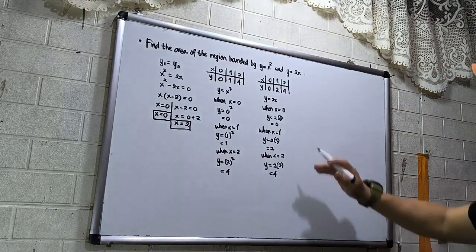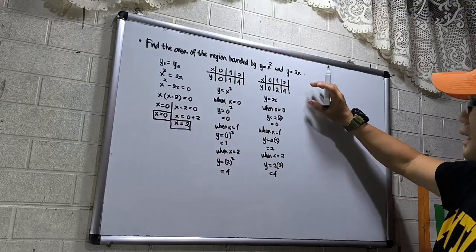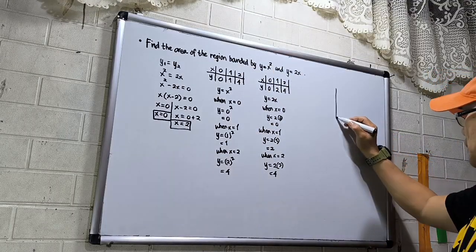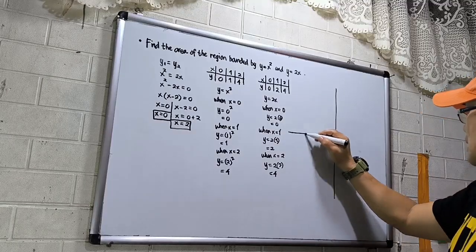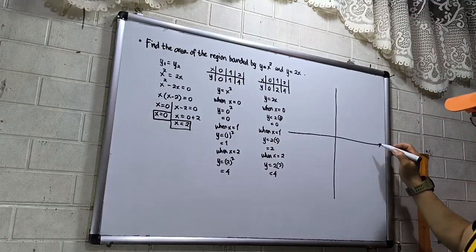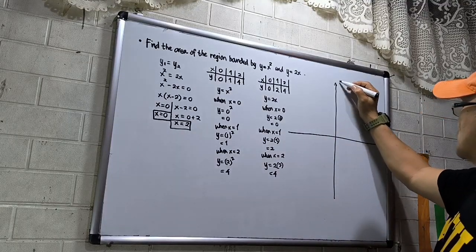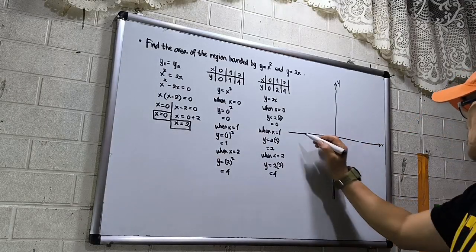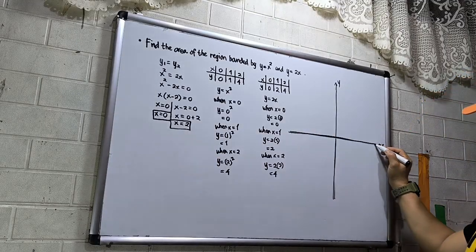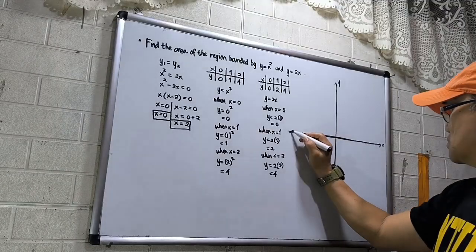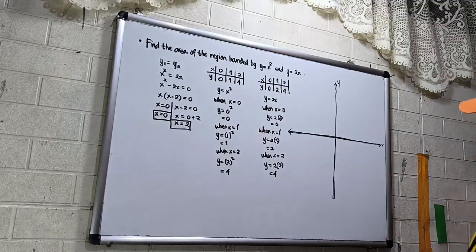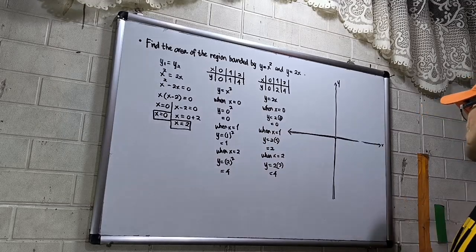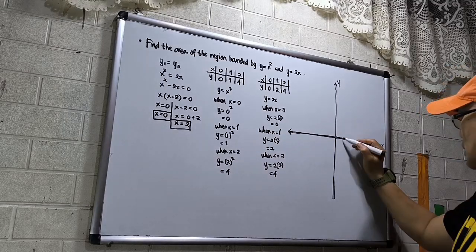Then I will plot the points of the curve and the points of the line. This will be the vertical axis, this will be x, and this will be y. So 0, 0 is here. Then 1, 1.